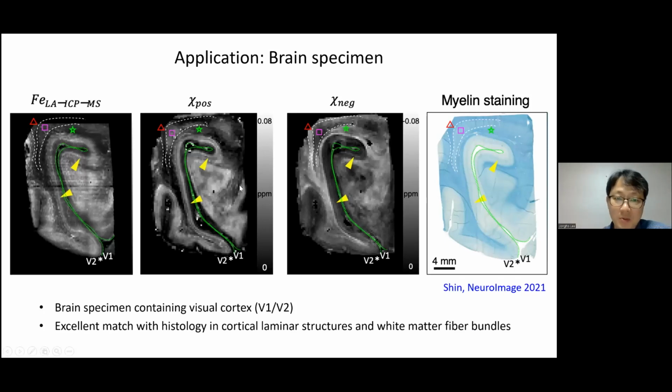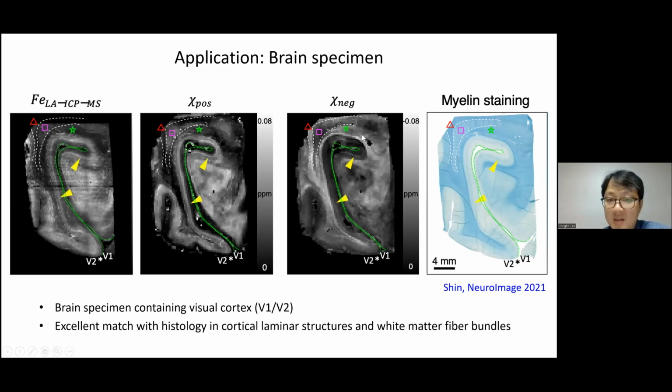This is our first result, showing the positive and negative susceptibility maps. This is the iron image, and this is the myelin stain result. If you compare this negative map with the myelin stain, it's quite remarkable that despite the limitations of the technology, you can see the line of Gennari in the visual cortex, V1, that is known to exist in the histology shown here.